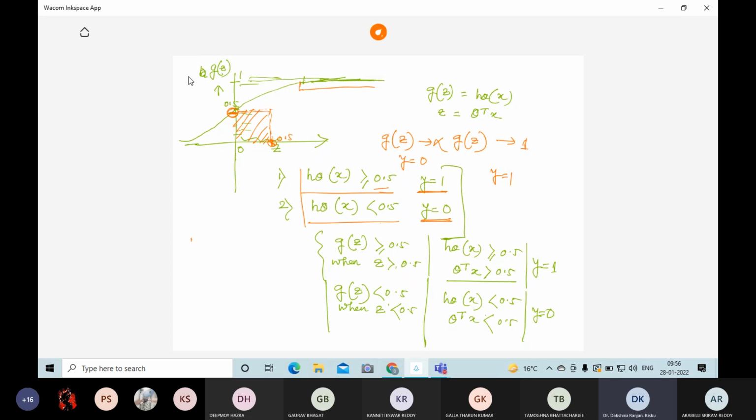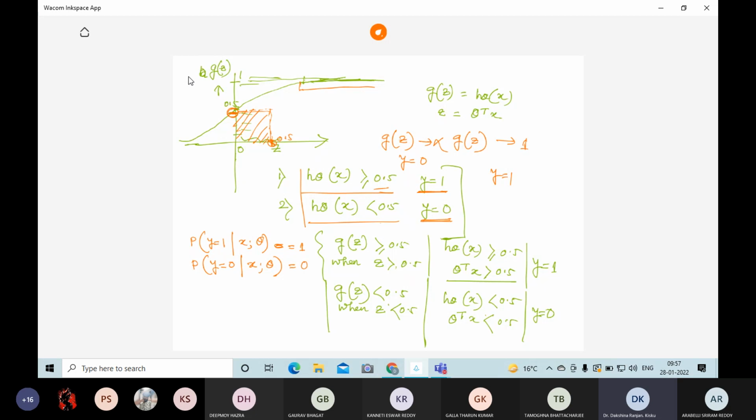So if we write probability of y equals 1 given x, parameterized with model parameter theta, this will give us the probability which infers the class level to be 1, the positive class, or we can have probability of 0 given x parameterized by model parameter theta. Now this will give us the probability 1, this will give us the probability 0.